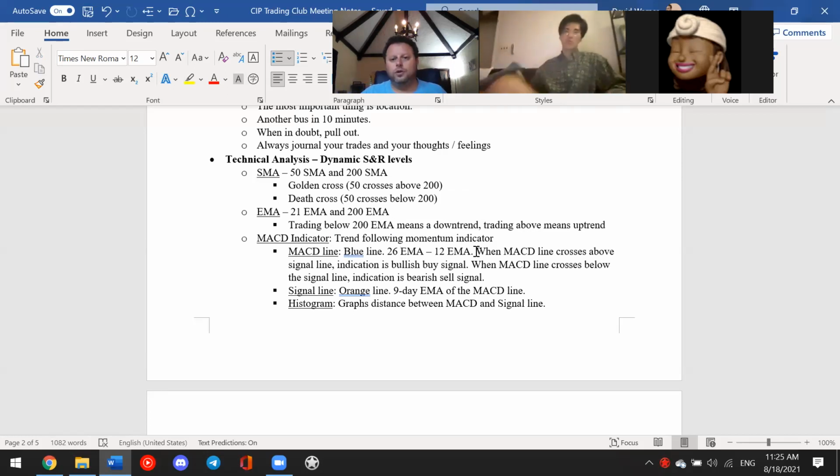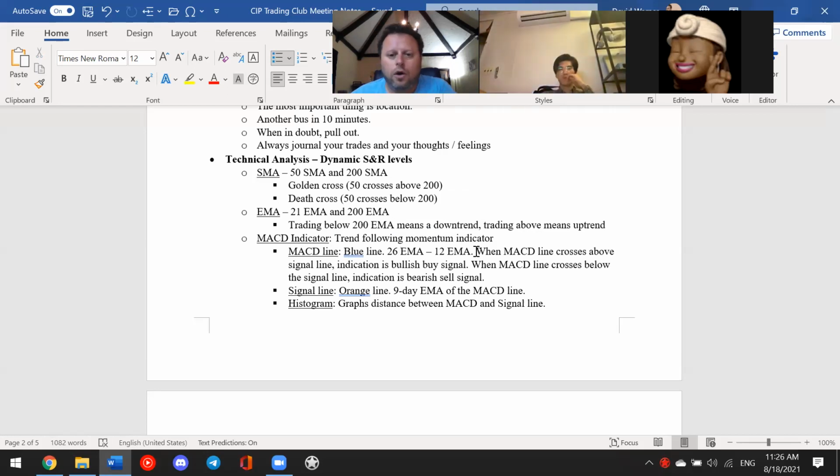It's a line where the recent days are weighted more heavily than the previous days. Does that matter? No. But that's what the blue line is. And then the orange line is the 9-day EMA of the MACD line. Again, I don't care if you know what this is. Here's what you need to know.